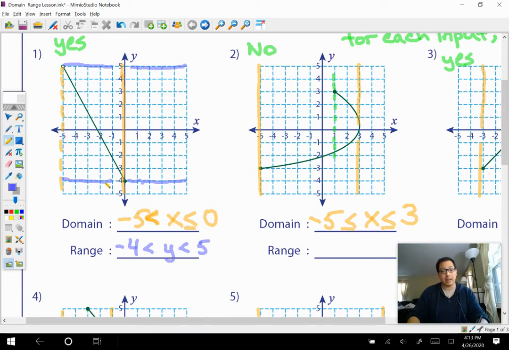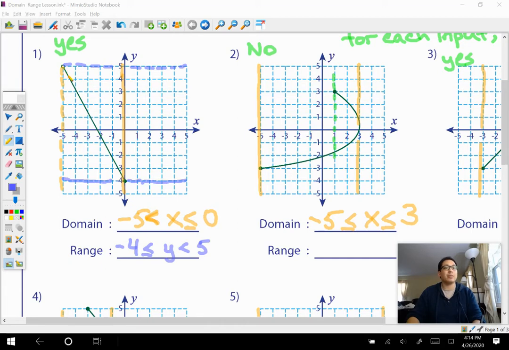Now I made one mistake here because, like before, we have to look at the open and closed. The -4 here is closed, so this should be a solid line, closed on the bottom by drawing that line here. But on the top, it was open. This is an open circle, so I should have made this a dashed line, and this side should stay open because it never quite reaches 5.